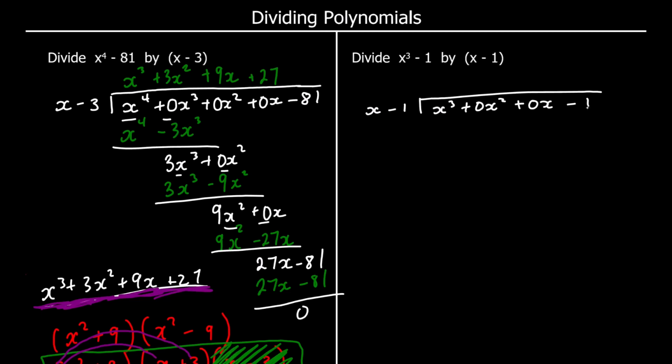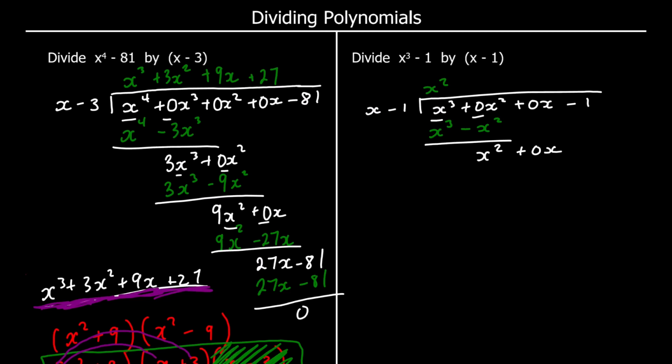So x cubed over x, to start, that's x squared, times by x squared, so x cubed minus x squared, take away, so nothing minus minus x squared is x squared, bring down the next term.